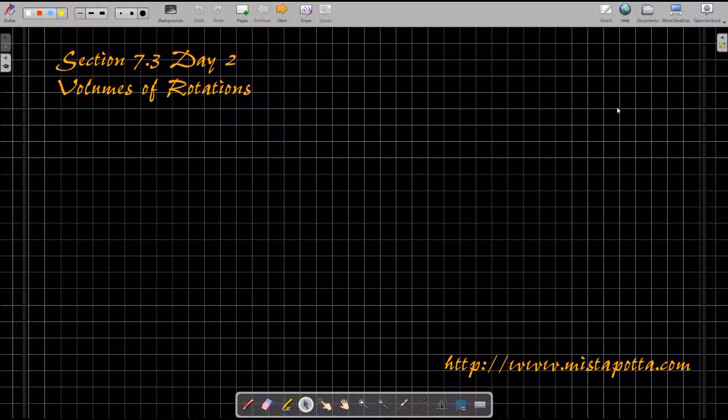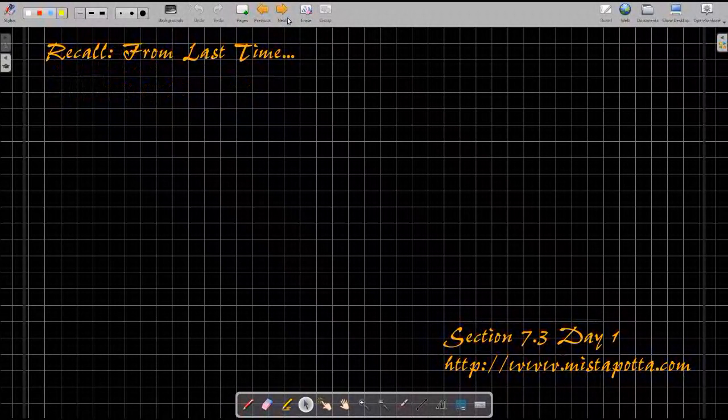Potter. We're going to continue our discussion of using definite integrals to determine volumes. In our last lesson, we were dealing with volumes using cross sections.